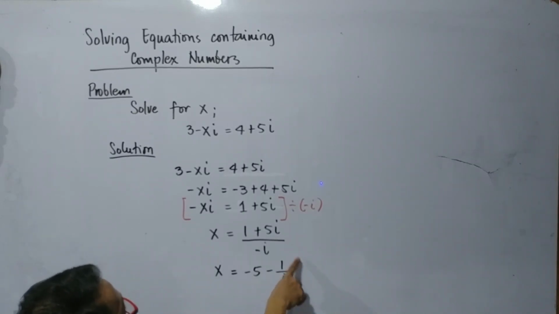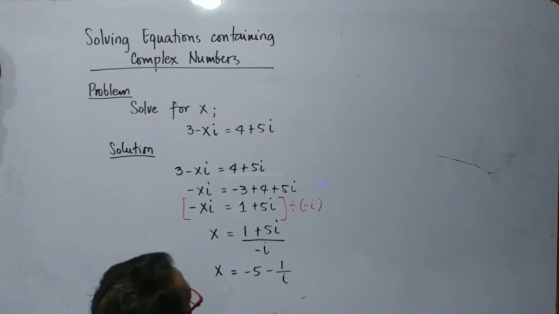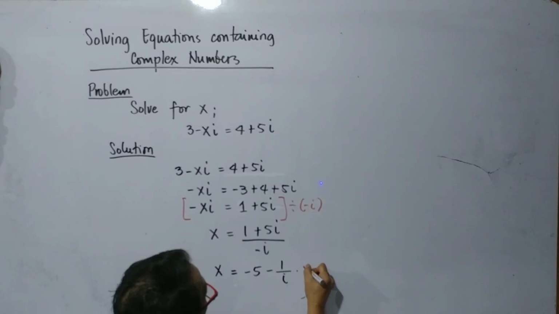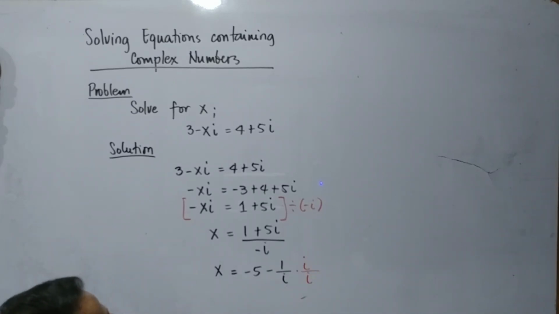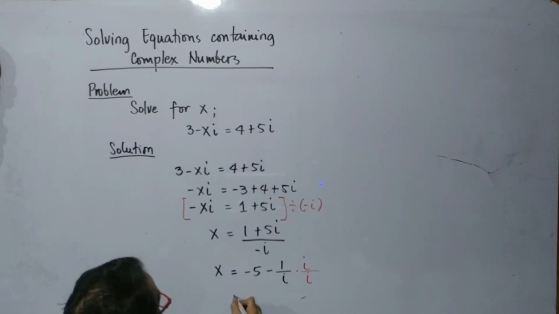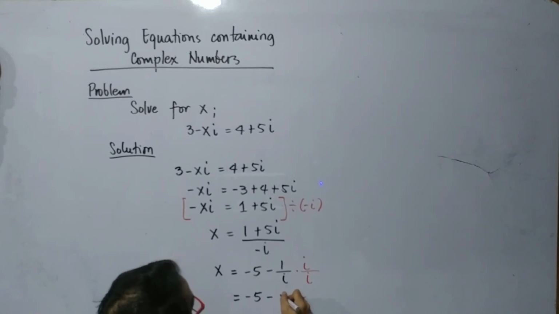Now, to bring this to the other side, we learn from our division that we have to conjugate. So multiply both by i. So we have now negative 5 minus i over i squared.